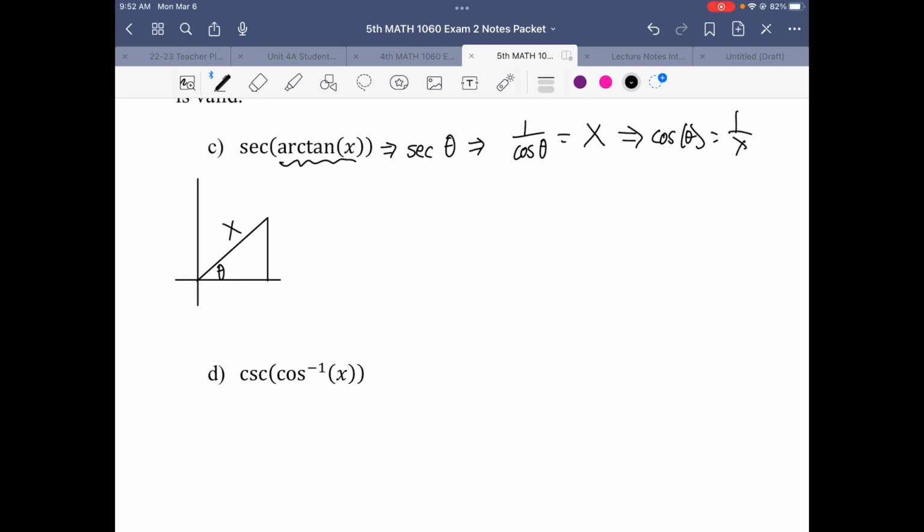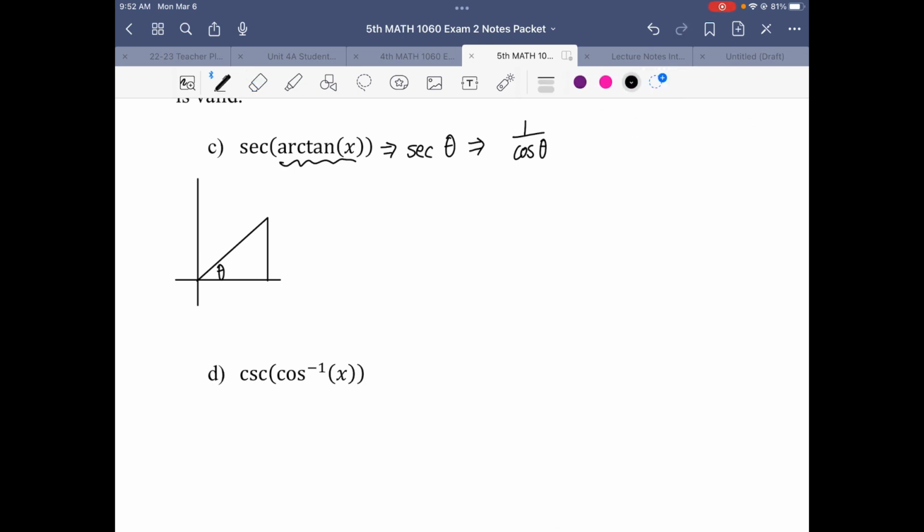So now our hypotenuse, let me back up. I'm sorry. I'm going down a place I don't want to go. We're going to back up to this part.